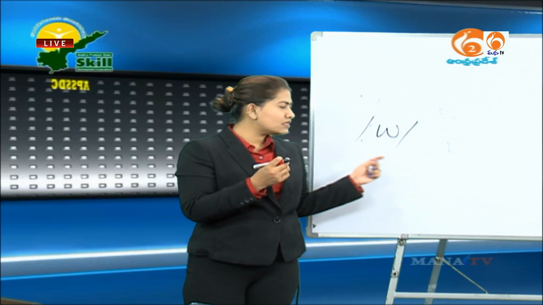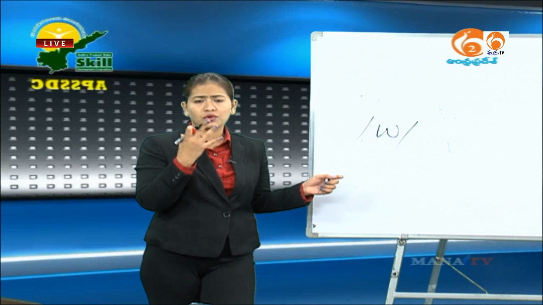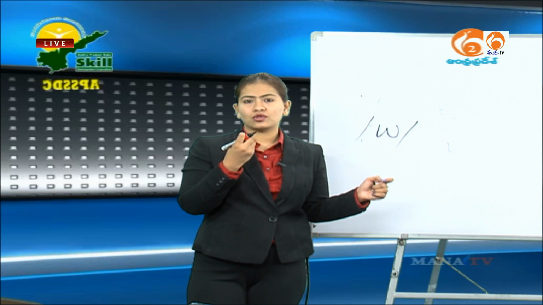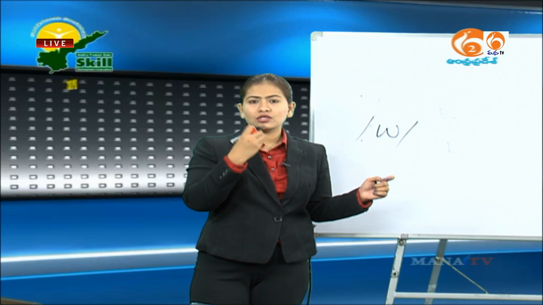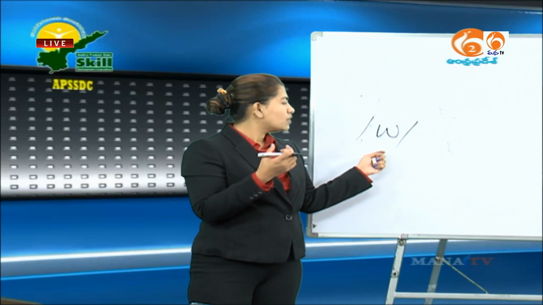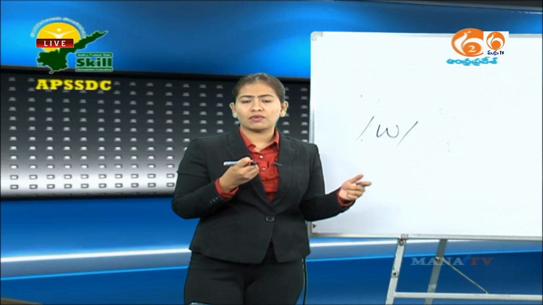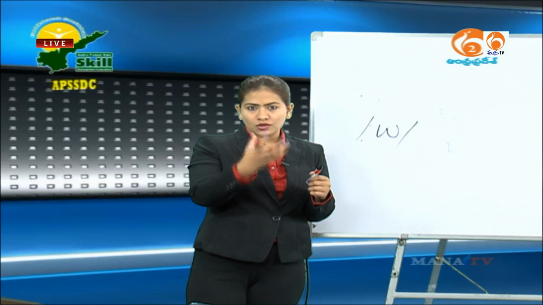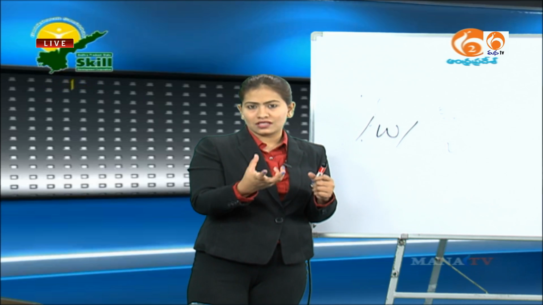This enunciation takes a technique as if you're about to whistle, as if you're about to kiss, where you get your two lips together is where you'll end up giving this sound. The moment you say the word welcome, we are actually getting two lips together to produce or enunciate this sound.